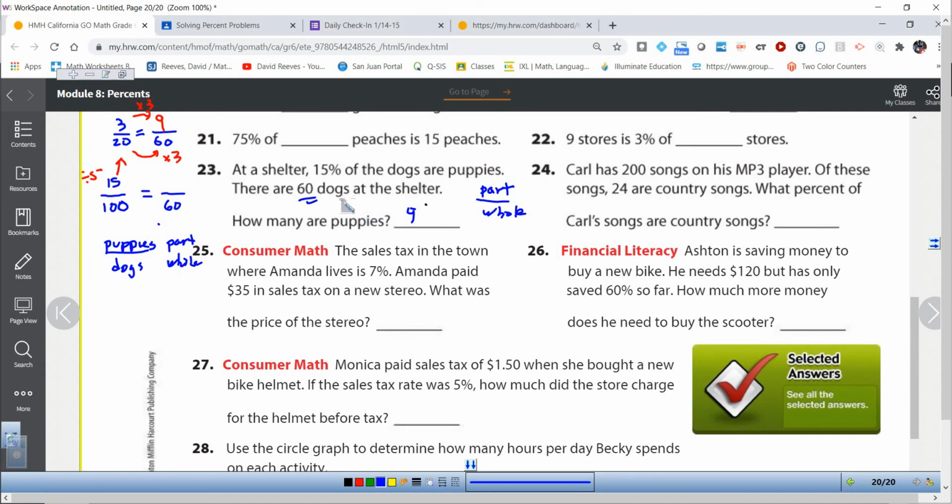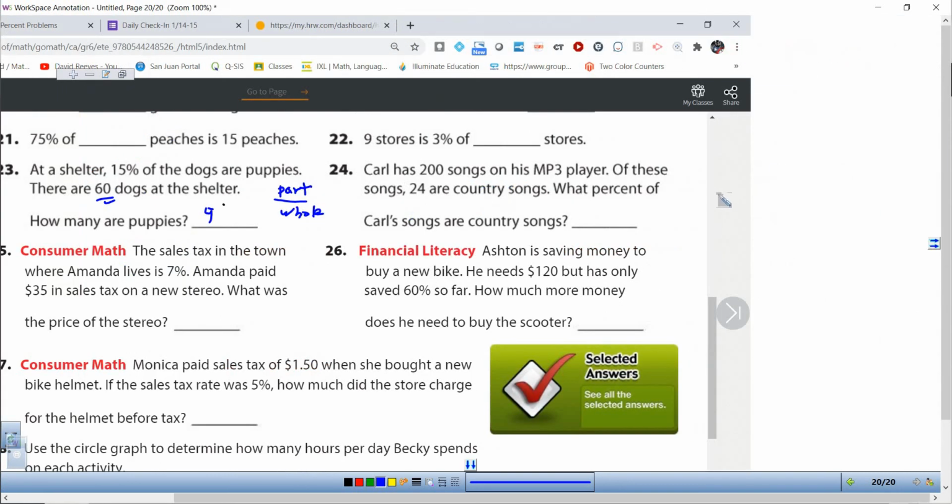Carl still has an MP3 player. Oh my goodness, break out the iPod. Of these 200 songs, 24 are country songs. What percent are country songs? So this time, what don't we know? What percent? The percent is what we don't know, but what do we know about percent?